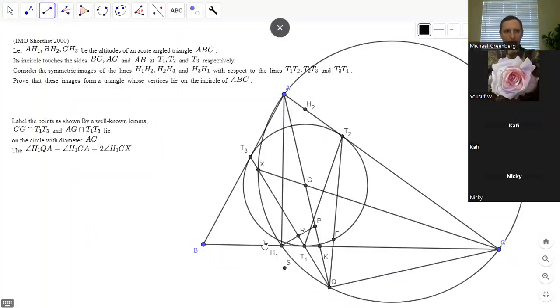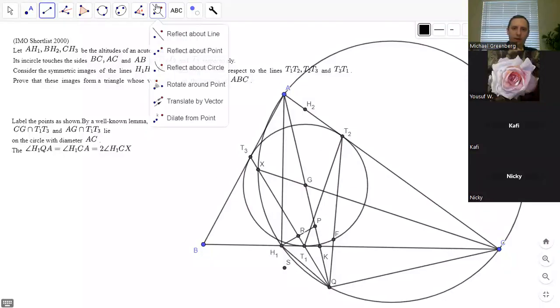Then we knew this was an angle bisector, so if you reflect H1 over this, you get P, which would lie on the bisector. I forget how we solved it from here. Oh, because T2 is the other reflection? Is that the idea?